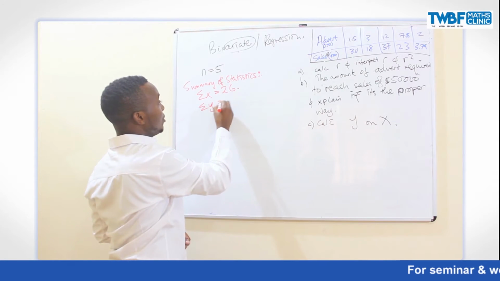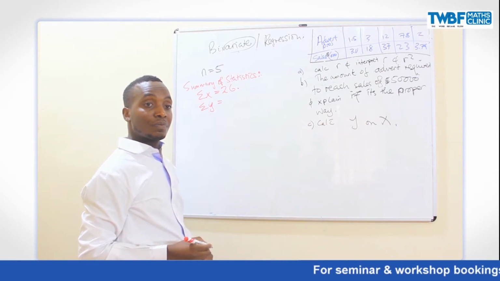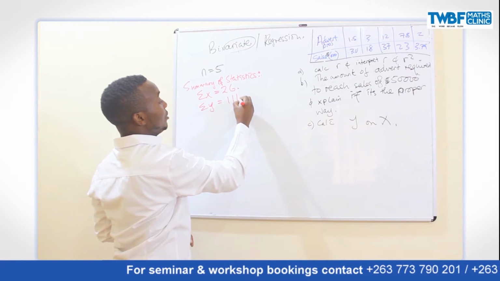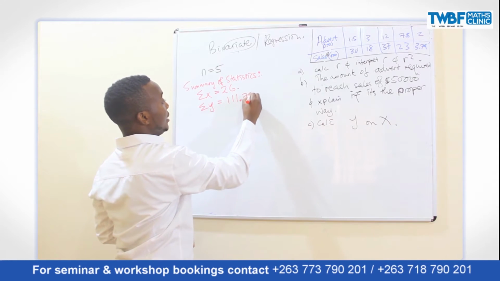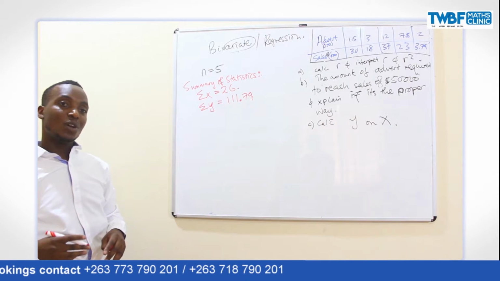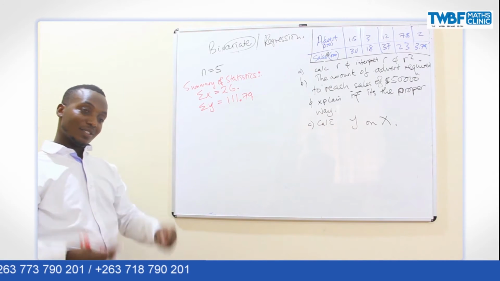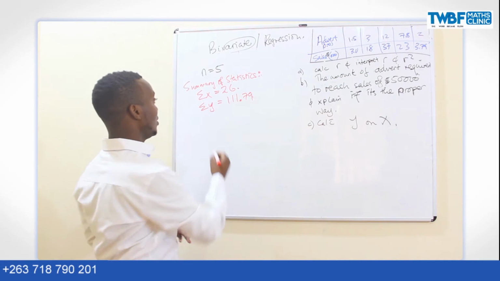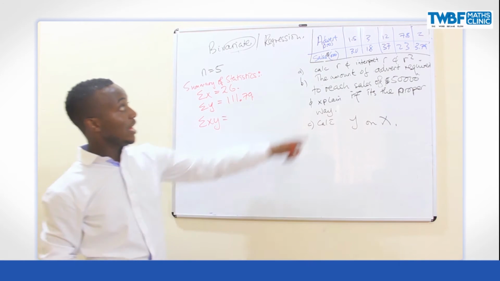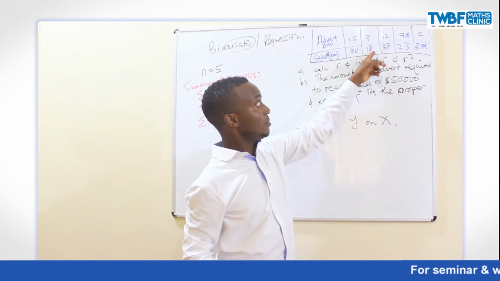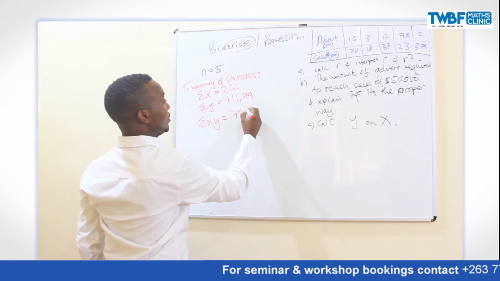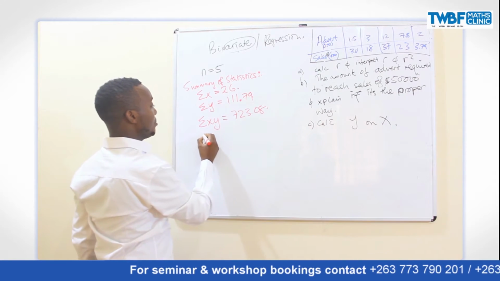What's summation of y on your calculator? 111.79. Don't say 111 comma, it confuses. Alright. Summation of xy. What is summation of xy? In other words, we are saying this times that plus this times that plus this times that. 723.08. Thank you. What is summation of x squared?